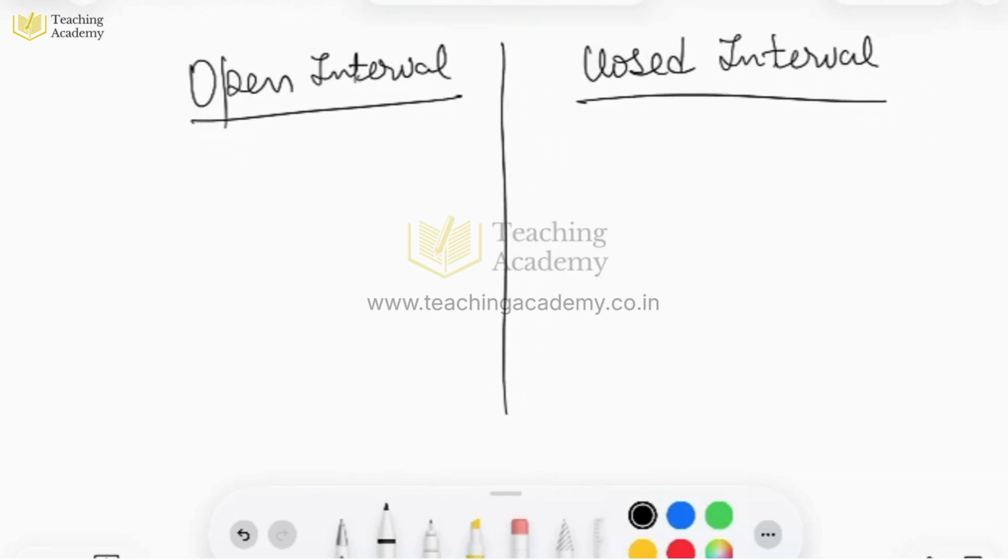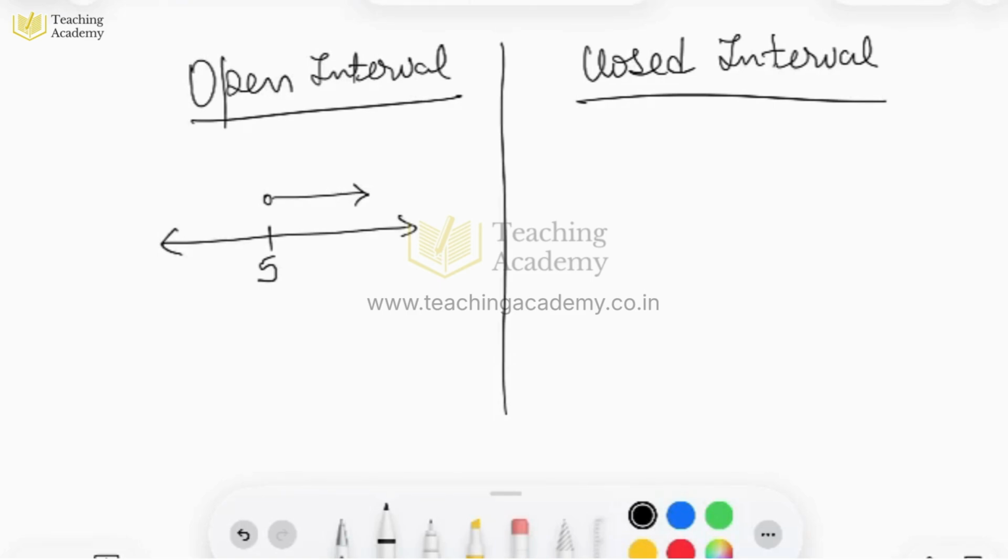So I'm just going to classify these two in front of you, and I'll tell you what are the changes that we observe in open and closed. So when we say open interval, let me show you an example. If I'm drawing a number line, like I'm writing 5 here, and I'm marking a very small circle, which is a hollow one, and putting it like this.